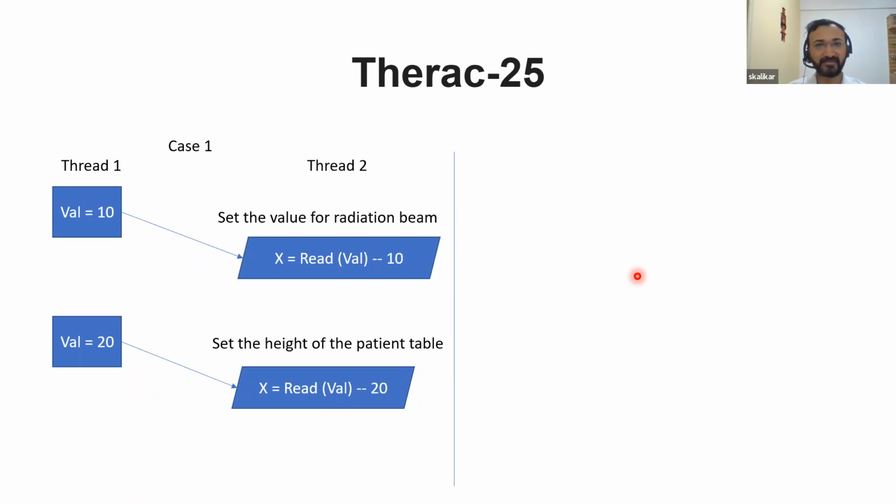After it is entered, the value should be read by the specific hardware, the radiation beam controller, and it will read the intensity and set the intensity to that value. And then the controller will add the value for the height of the table, and the same controller which controls that height will read the value from the same location. So it looks like this interleaving is correct and it should behave correctly.